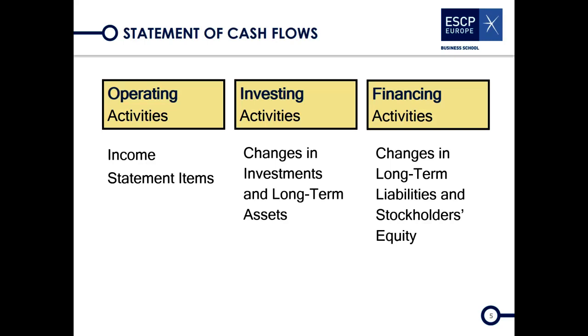And on the other hand, we have stockholders' equity. In stockholders' equity, what are the transactions with the shareholders that a company can do? Well, for example, it can pay dividends. A dividend payout is a negative cash flow that you would see in the financing section of the statement of cash flows.